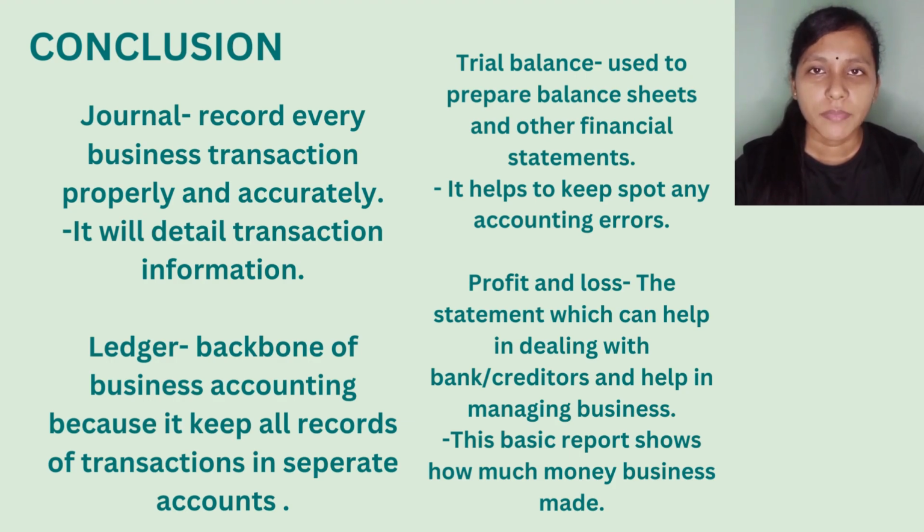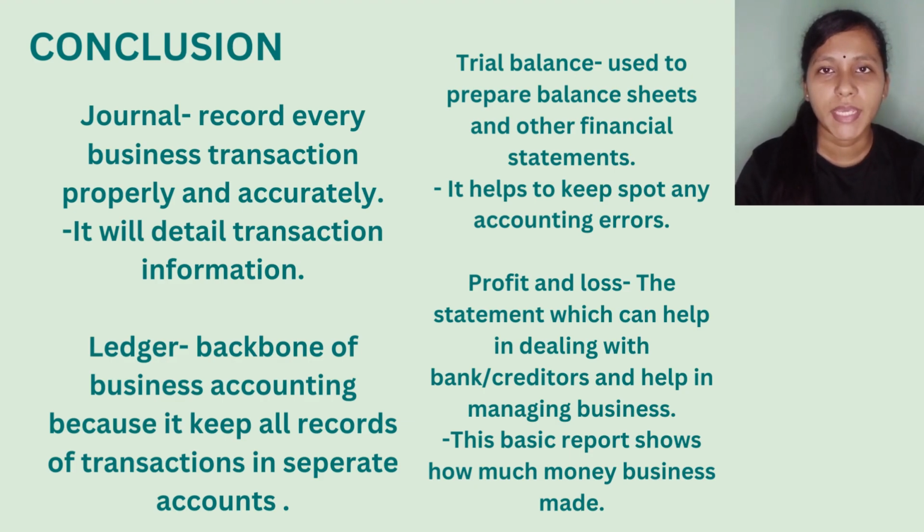I'm going to present the final part, which is the conclusion. In this part, I will summarize the overall content about accounting records. So the first important material needed in accounting records is the journal. Journal records every business transaction properly and accurately, and it will detail transaction information.